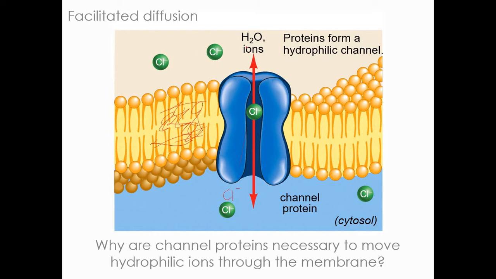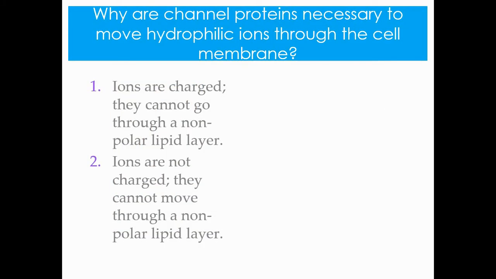Okay, so these substances, for example, like water and ions, pass through the cell membrane using proteins, and they pass through using facilitated diffusion. Okay, so why are channel proteins necessary to move hydrophilic ions through the cell membrane? Because ions are charged, they cannot go through a non-polar lipid layer. Because they are charged, they are polar.